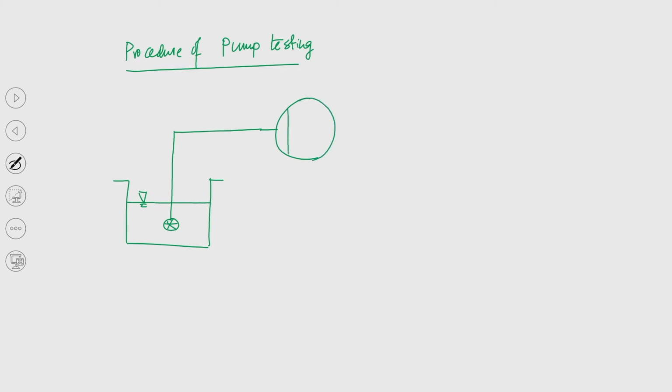So, this is the radial flow pump, and this pump will have one non-return valve. I will be discussing that. So, this is the valve and then it will supply liquid to this reservoir. Okay.